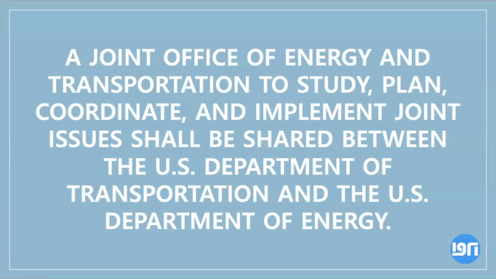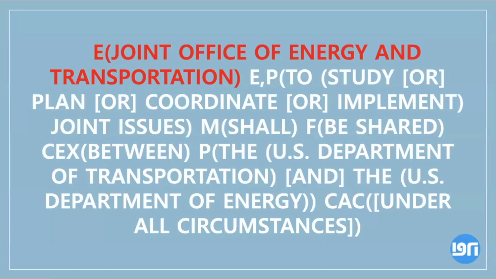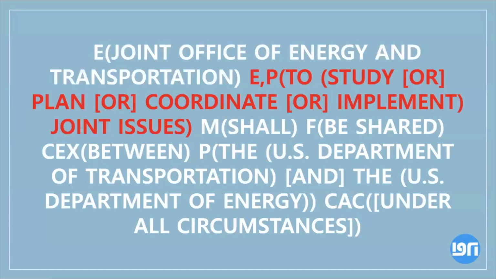Here's what that statement looks like when coded according to IG core. The Joint Office of Energy and Transportation is the constituted entity. The phrase to study, plan, coordinate, and implement joint issues is a property of that constituted entity.